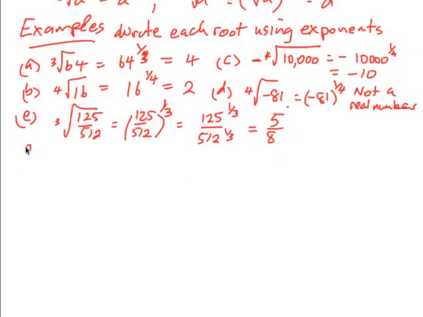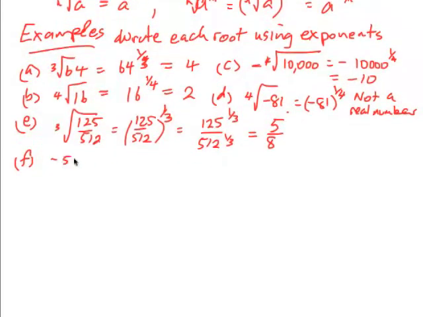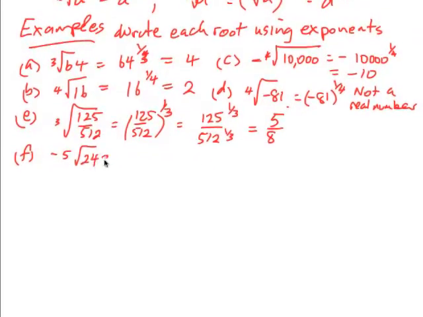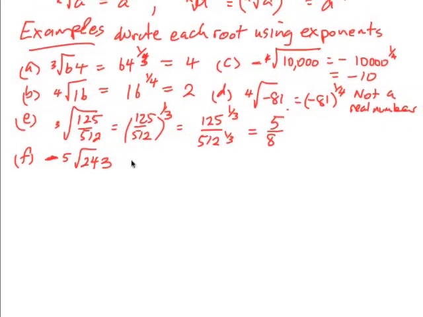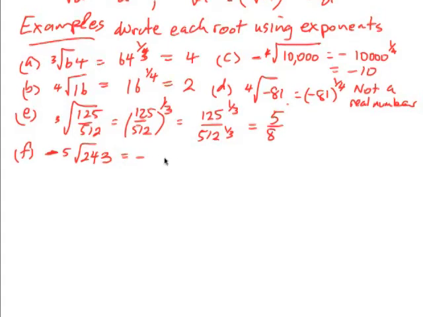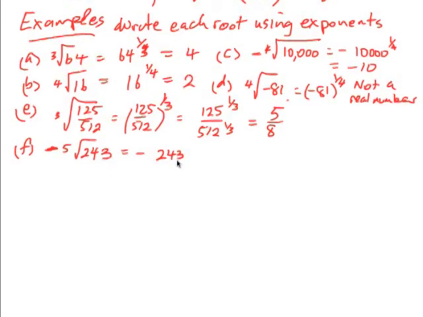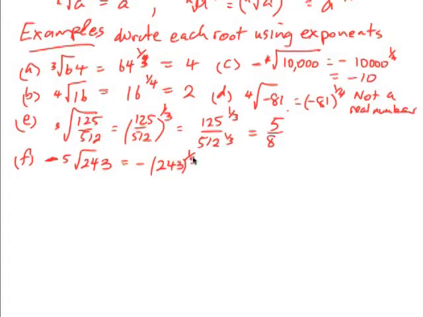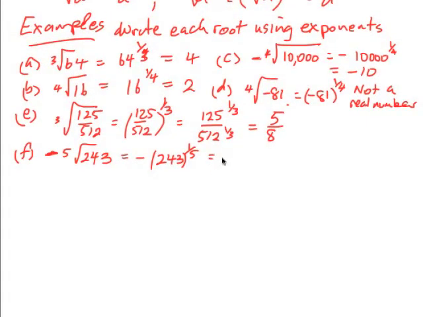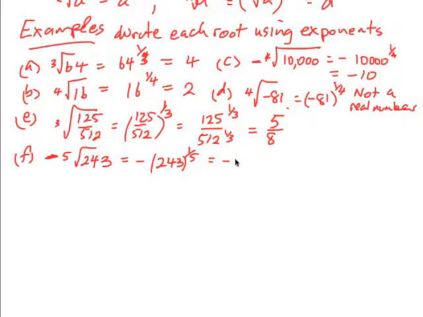Okay. Alright, if we look at the next one, let's suppose I want to find the negative fifth root of 243. So that's the negative of the fifth root of 243, so this will be negative 3.